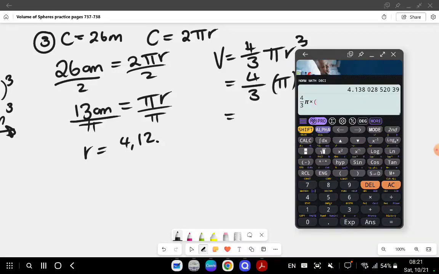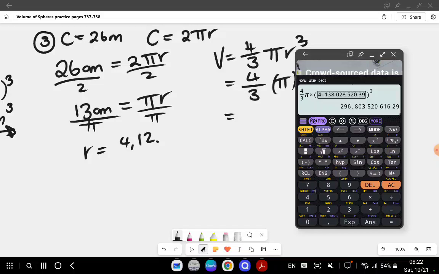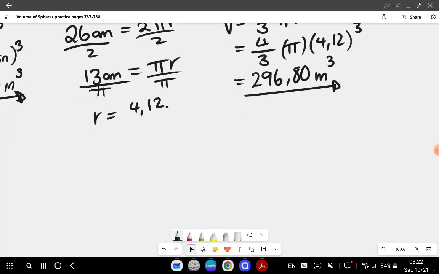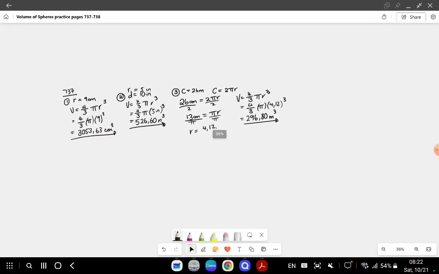My r is the answer from my calculator. Close that, and I cube it. That's giving me 296.80. The unit here is meters cubed. Okay, that is question number 3.